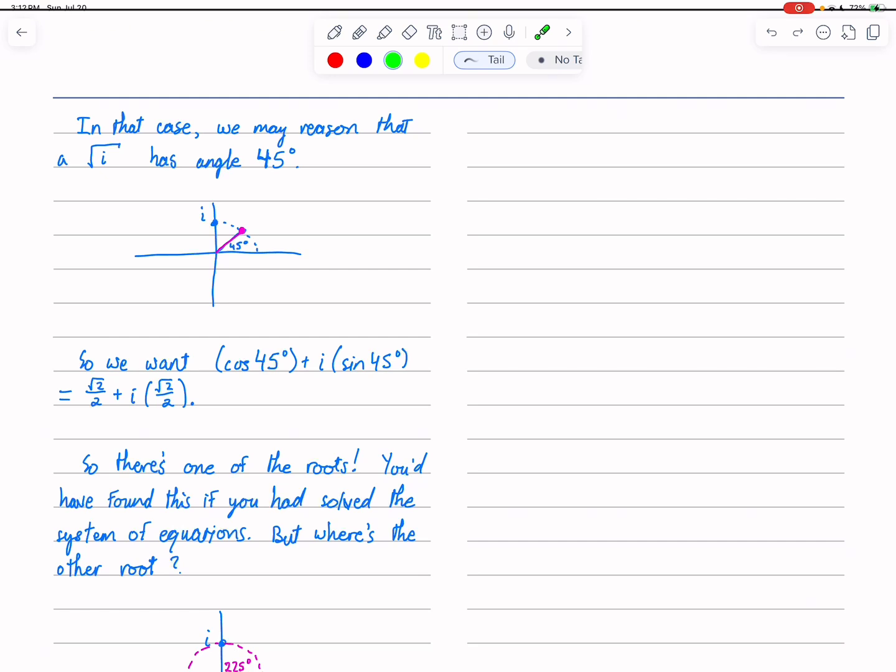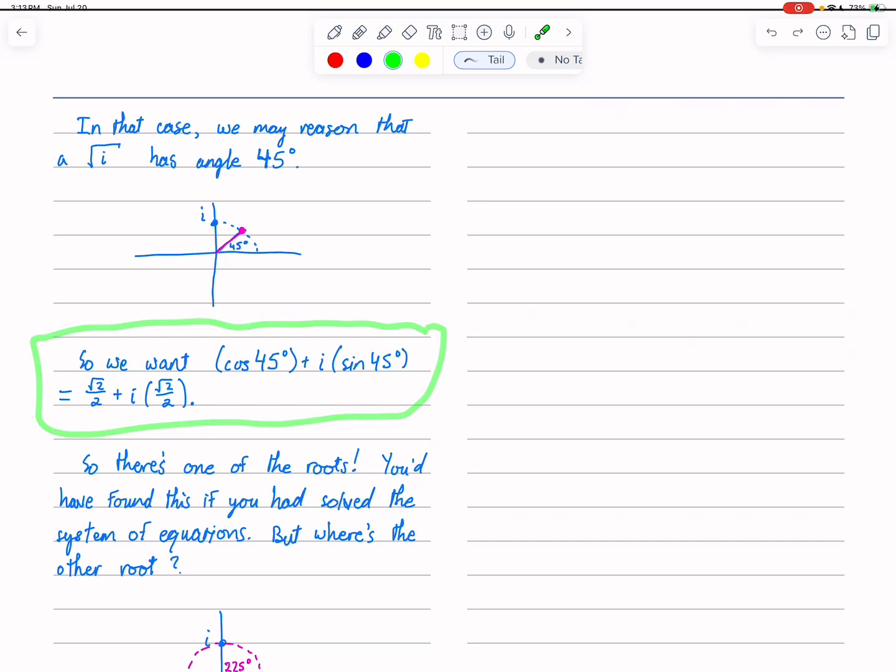But I'm just going to suggest that maybe what we want, to have something where when you square it you get i, is a 45-degree angle here, so that when we multiply it with itself, you get 45 degrees plus another 45 degrees, which sends you over to 90 degrees. And if that story is correct, then the number that you want is this number here.